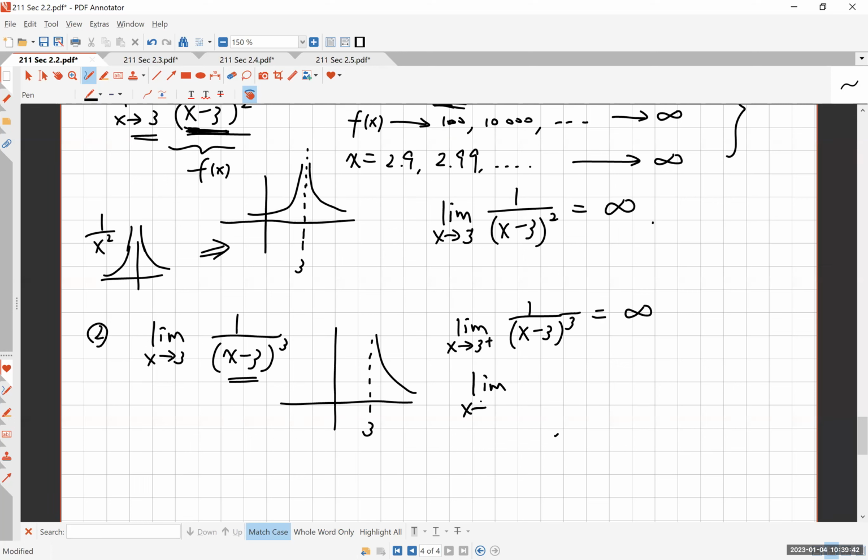But if you now plug in numbers like 2.9, 2.99, and so on, approaching 3 from the negative side, you can see that it's always going to be a negative number, closer and closer to 0. If you cube a negative number, you still get a negative number. So 1 over a negative number close to 0 is going to give you a very, very negative number, like negative 10,000, negative a million, and so on.